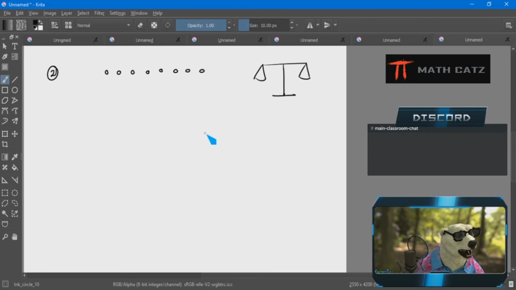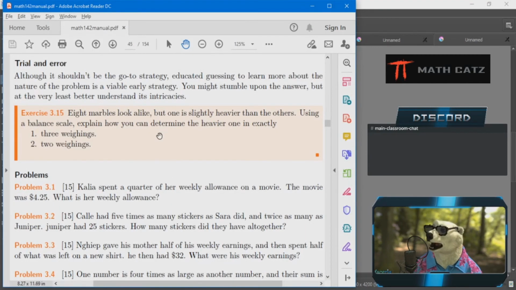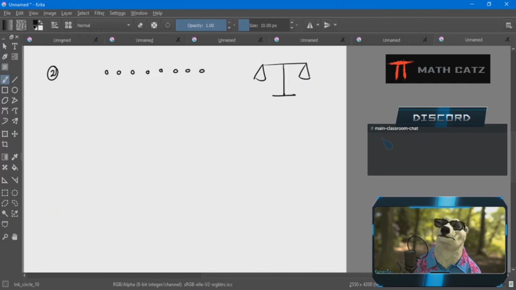I'm so quick to limit myself in my thinking that I assume that all the marbles have to be put on the scale at all times, whatever marbles I have left. And nowhere did it ever say I have to put all the marbles on the scale. I can use the scale however I want. Sure, if I have a lot of opportunities to weigh, I'll put a lot of stuff on, but no one said I have to. I don't have to put on all of the marbles that I see.